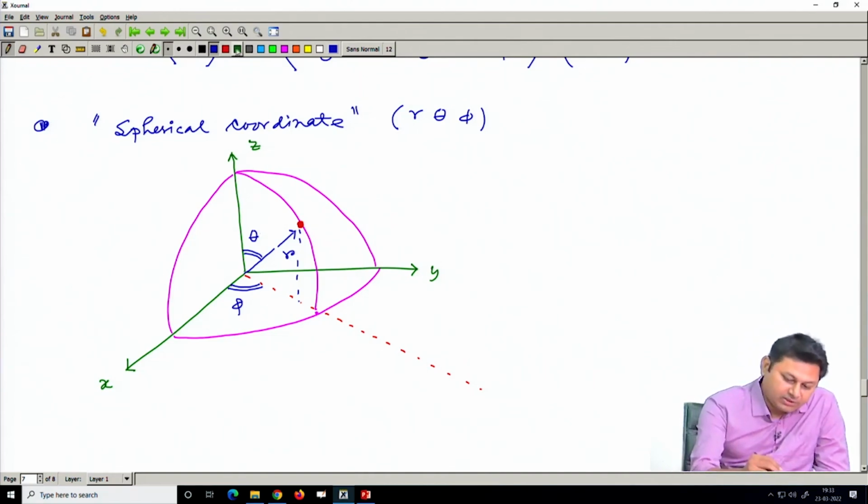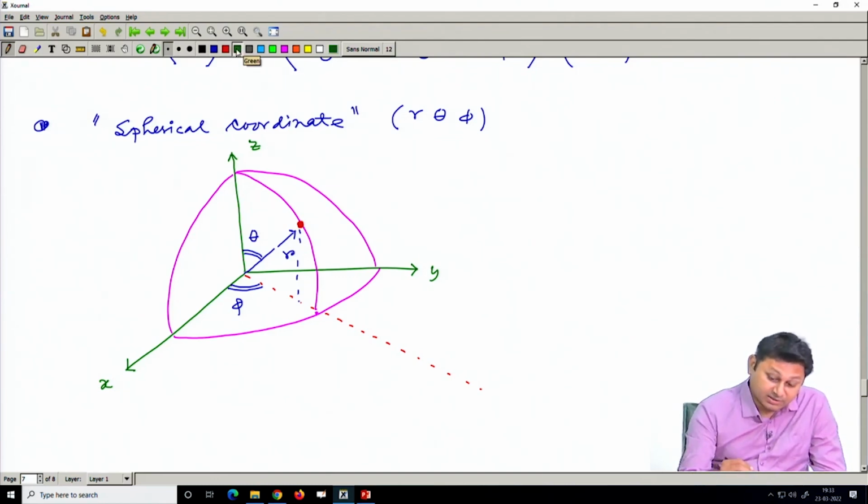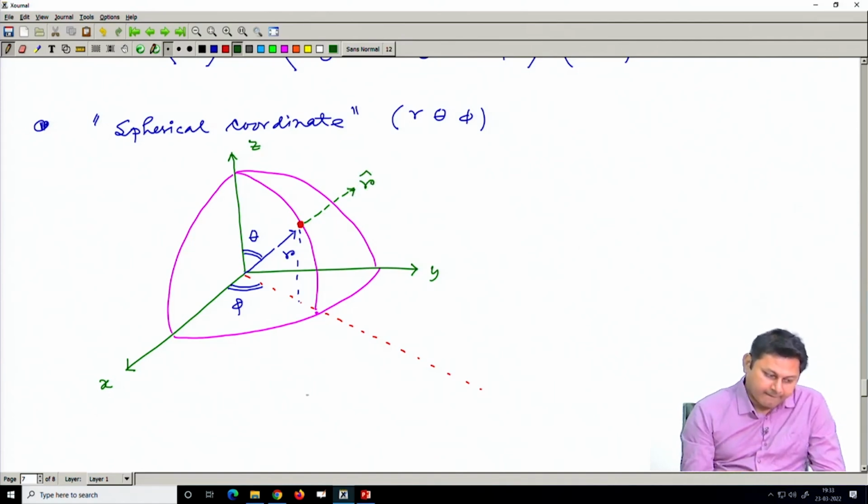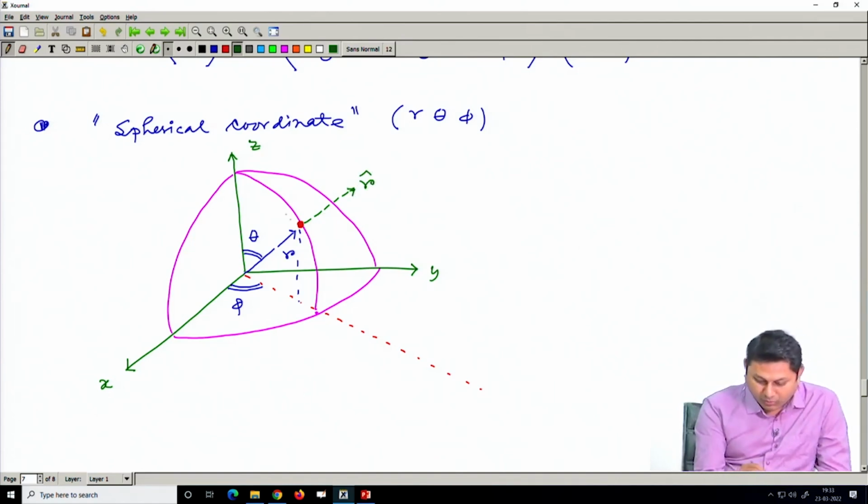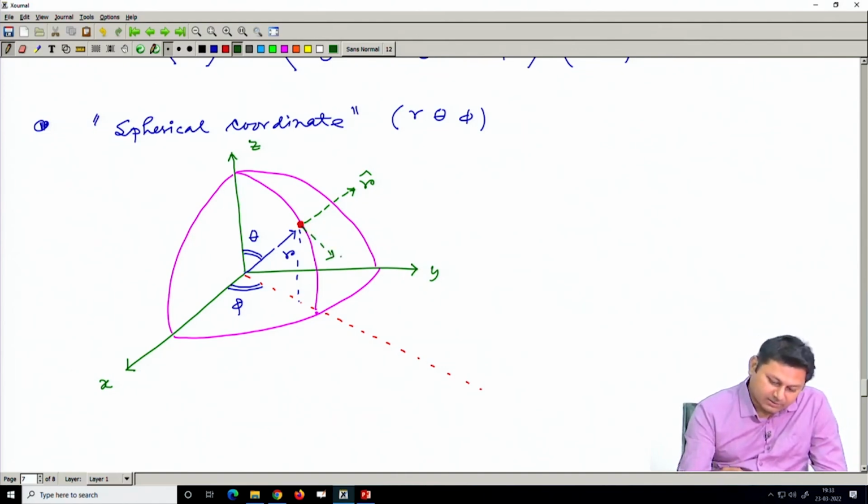Now, what should be the unit vectors, because we are more interested in the unit vectors here. Along this direction it should be the unit vector r, fine. I have a surface here. Over the tangent along this direction, because theta is from here to here, it should be the unit vector theta.